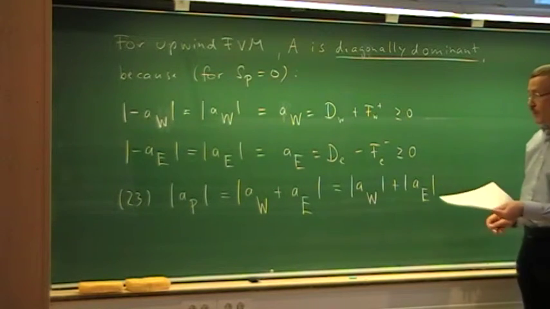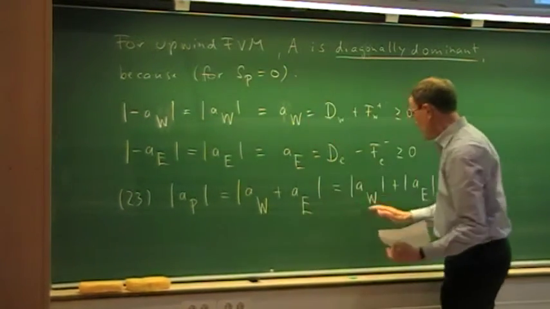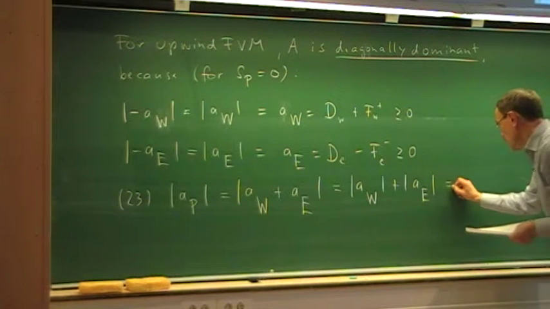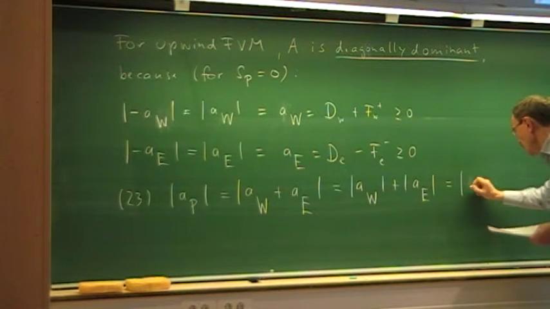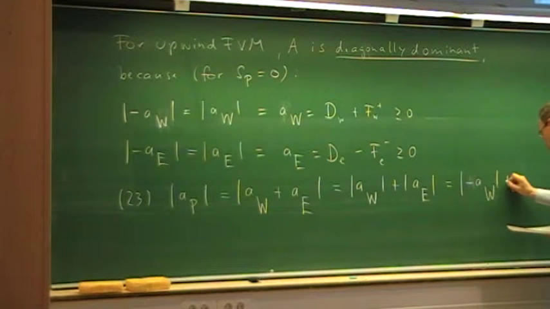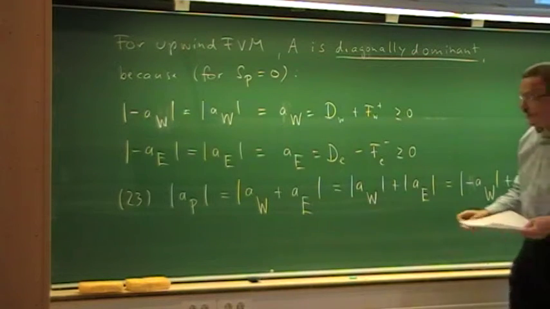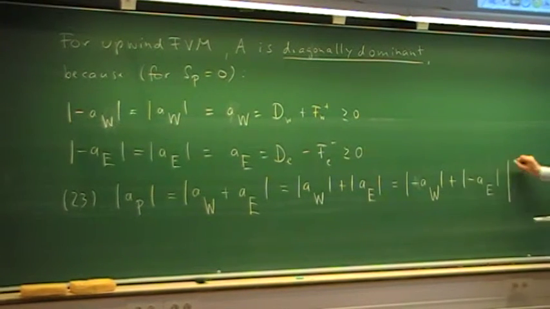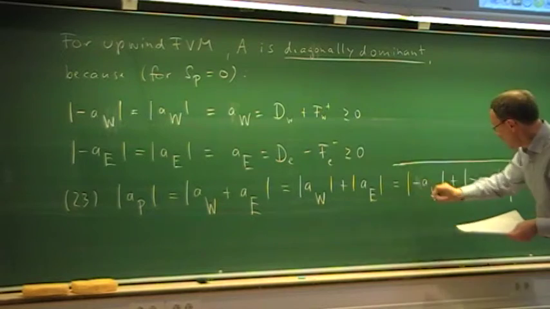Because both of them are positive, we can remove the absolute values, and then we can also put them in again, that doesn't matter. And then that is equal to the modulus of minus AW plus the modulus of minus AE. So the center coefficient is equal to the sum of the modulus of the neighbor coefficients. So this part here is important, and that we have the equality.